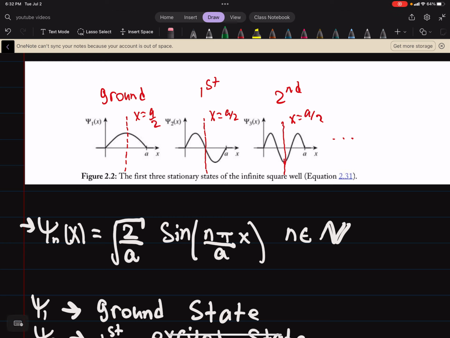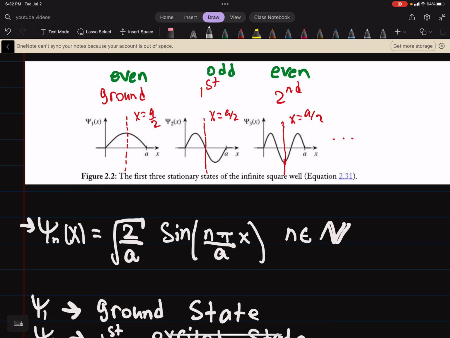You'll see that the function goes from even to odd and then back to even. So it alternates. Okay? And this is because of the symmetry of our potential. And anytime you have any sort of potential function that's symmetric, you're going to have this property, including with the infinite square well. Okay, so that's the first one.